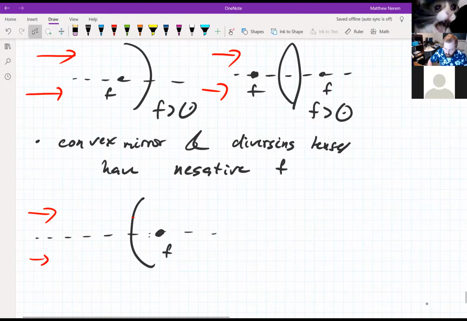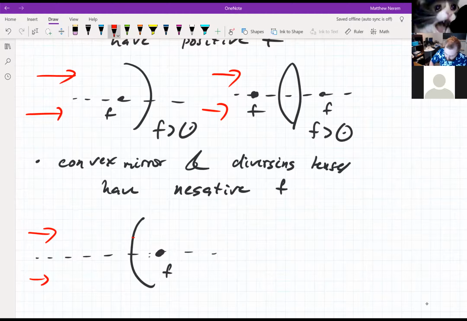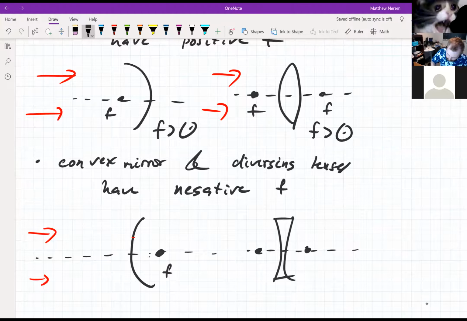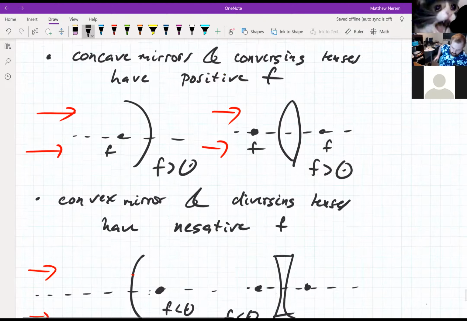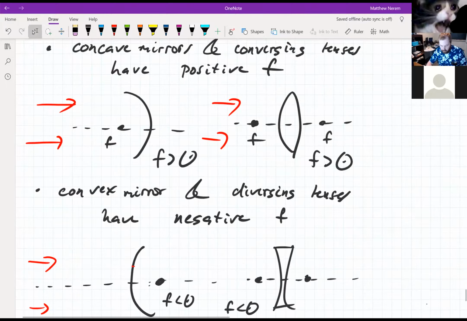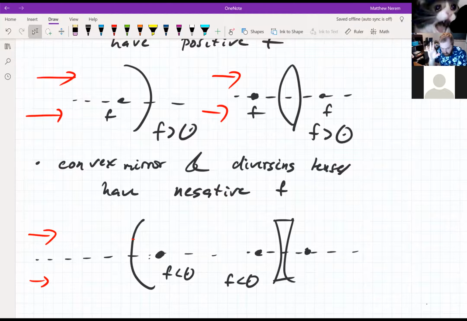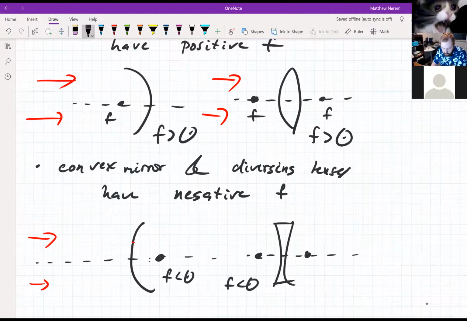We'll go through the pictures and convince ourselves. So we'll work out some examples and hopefully we'll clear that up. The emphasis here: positive focal lengths up here, negative focal lengths down there. That's the emphasis.